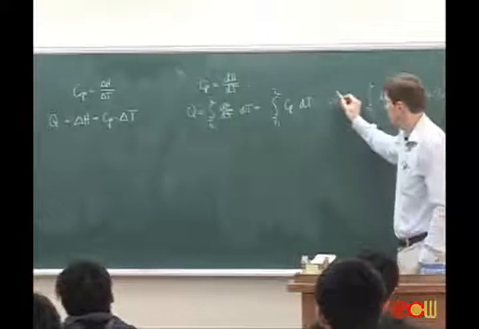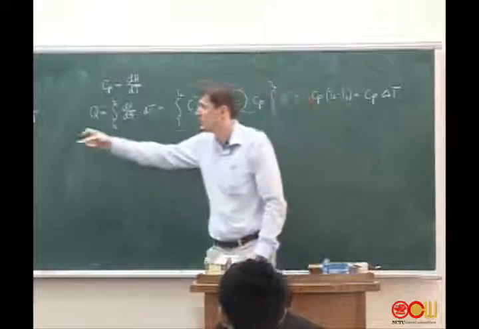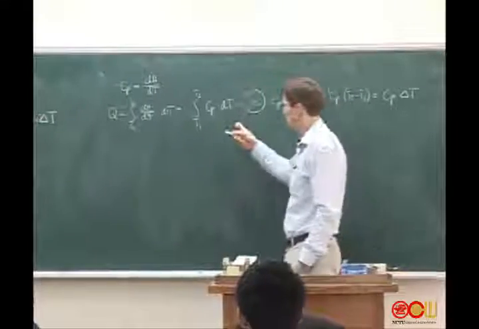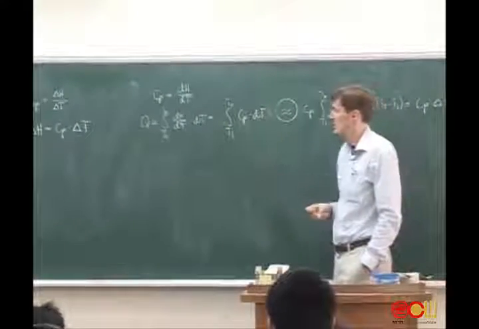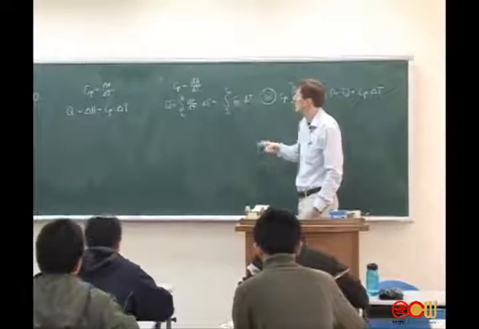But now, again, this is the almost equal sign. It means that that formula is assuming that the heat capacity doesn't depend on temperature. You have to be careful with this. Sometimes it may depend on temperature.